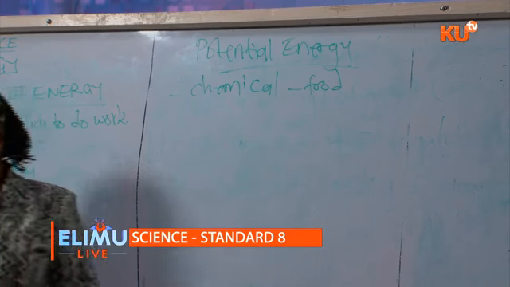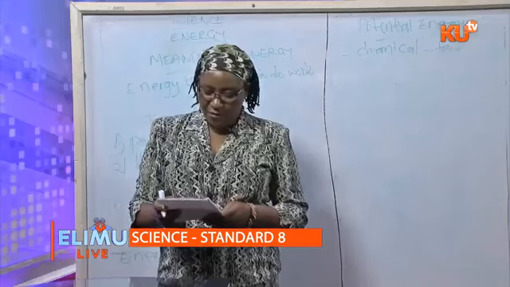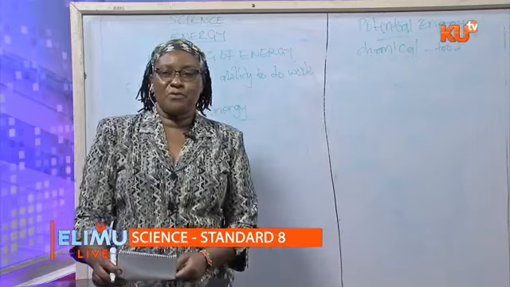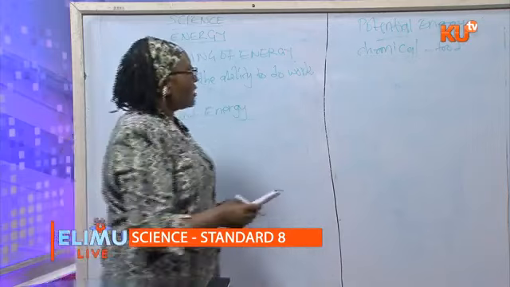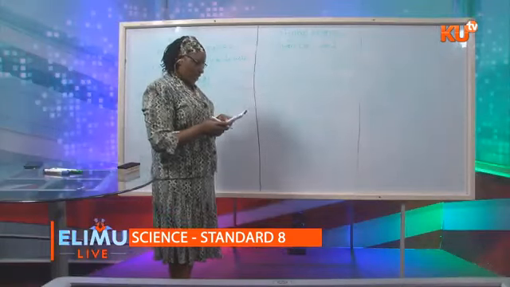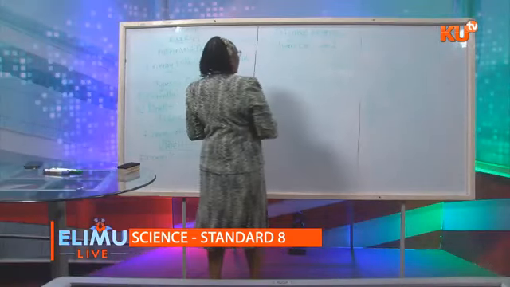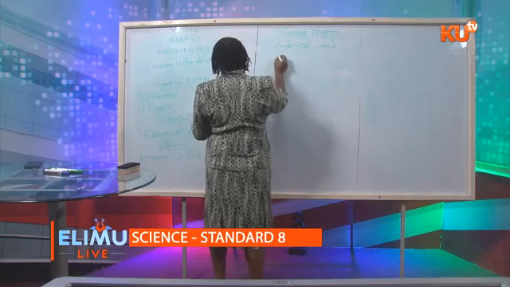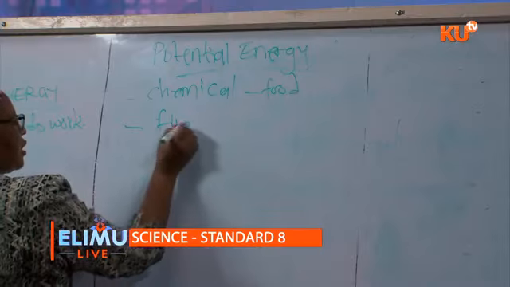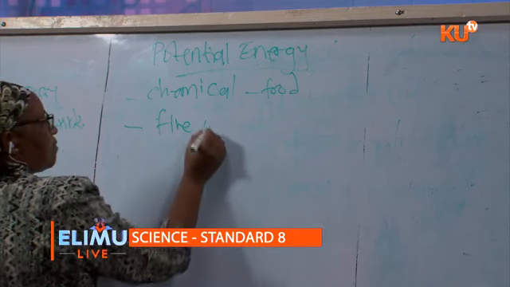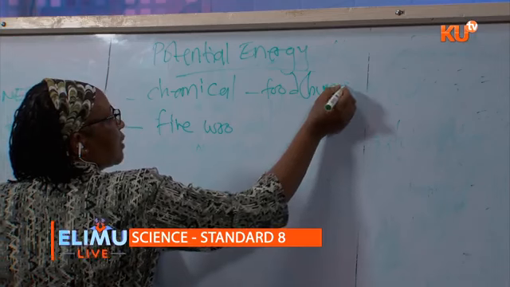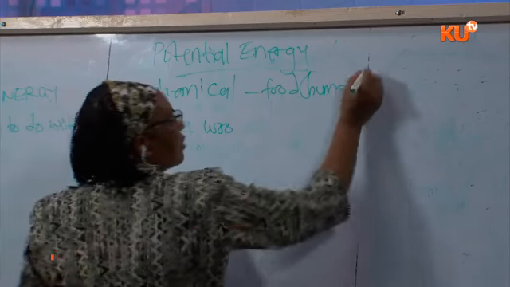In vehicles, it is got from the fuels. When we are producing heat, maybe for cooking, we get this energy from the firewood, from the charcoal. So we also have chemical energy in firewood. This one is in human beings or animals.